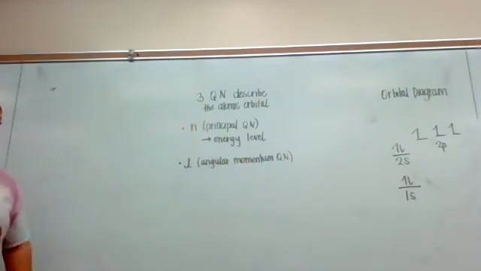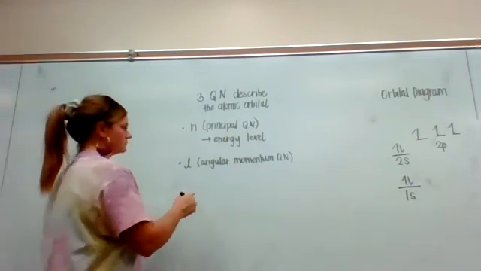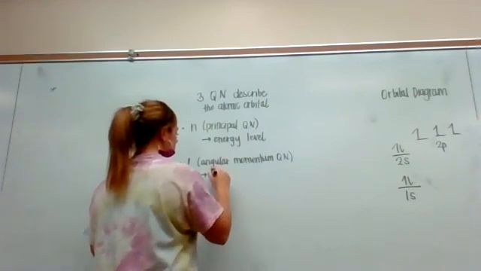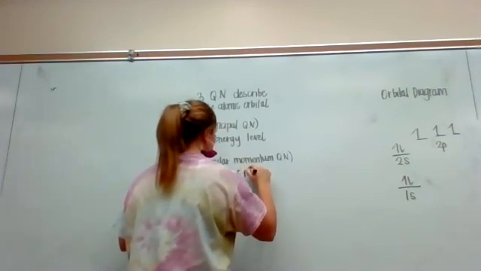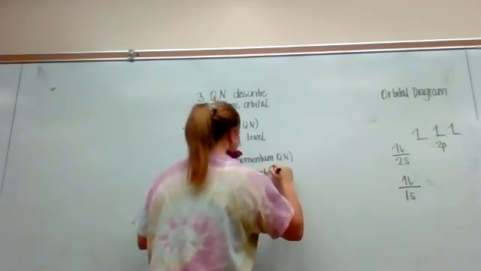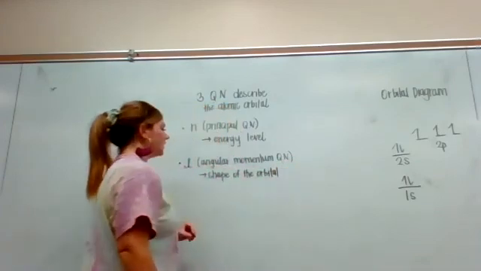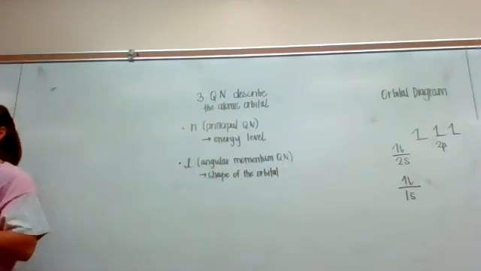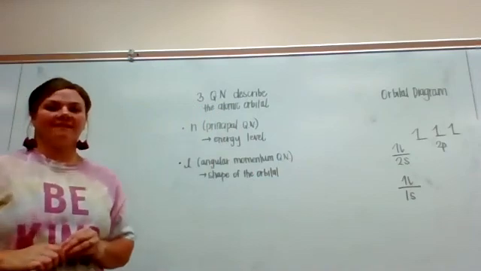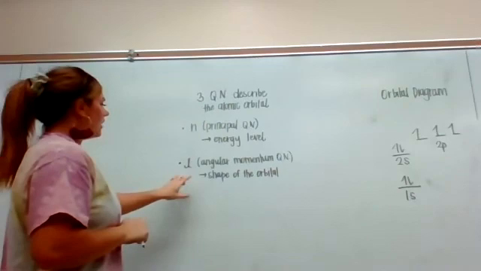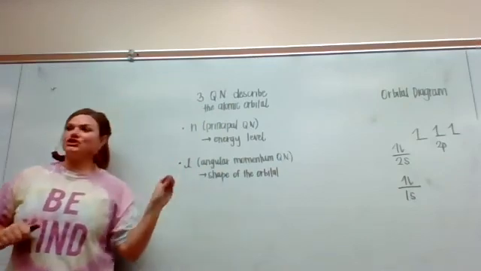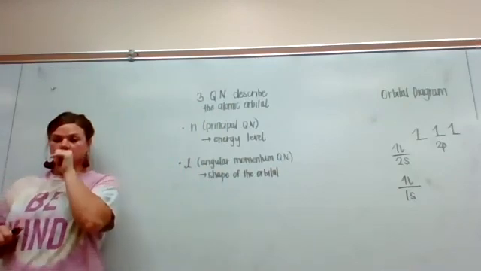Second quantum number. We abbreviate with an L. And we call it the angular momentum. All this does is tell me the shapes of the orbital.